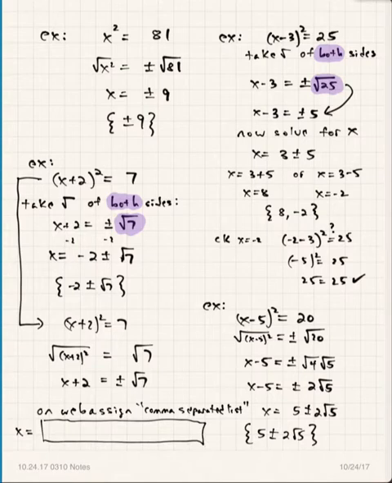And in this problem right here, you cannot enter it as plus or minus. You would enter it as 5 minus 2 square root of 5, comma, and then 5 plus 2 square root of 5. You have to enter each solution separately, separated with a comma like that. And so when you see that in WebAssign, that's what they're talking about, is to enter the solutions one at a time and not to use the plus or minus, and then separate the solutions with a comma like that. So I wanted to mention that.